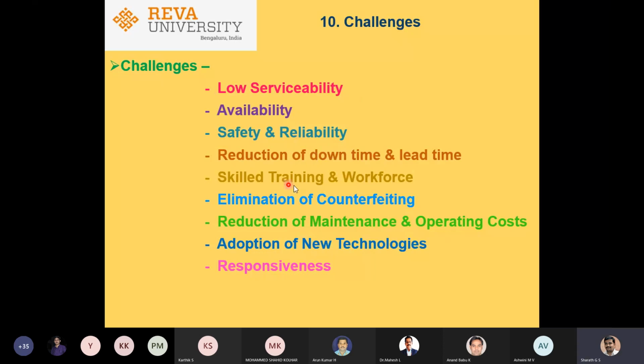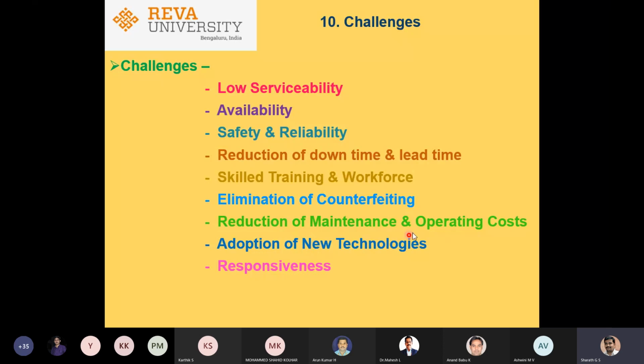Skill training, I said, is very, very important. The skill gap has to be reduced. Elimination of counterfeiting can be addressed by using technologies like blockchain. A reduction of maintenance and operating costs can be brought down if we use condition-based maintenance and digital twins.